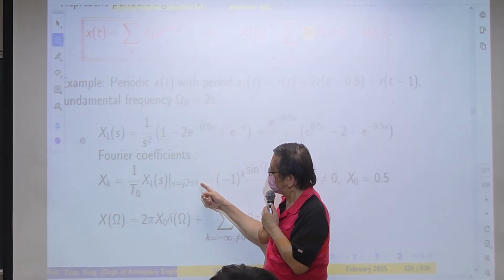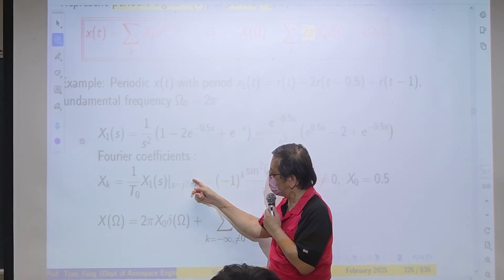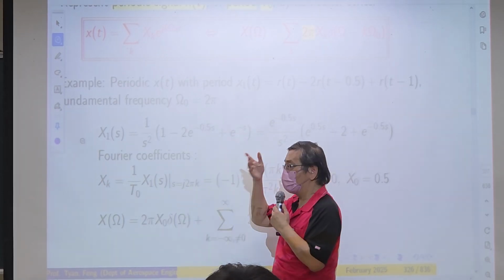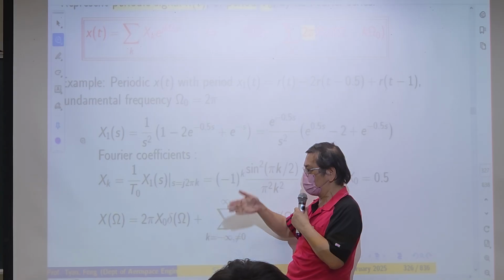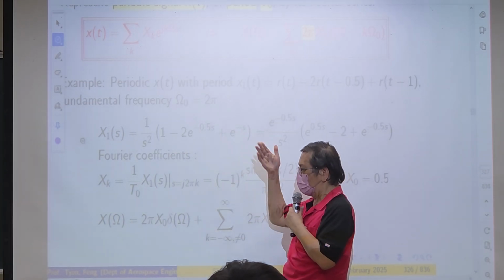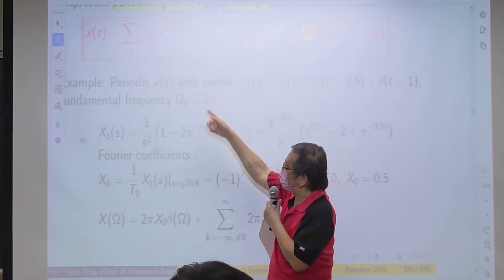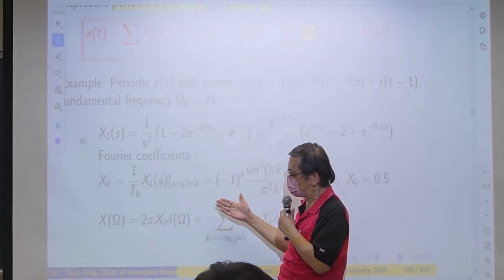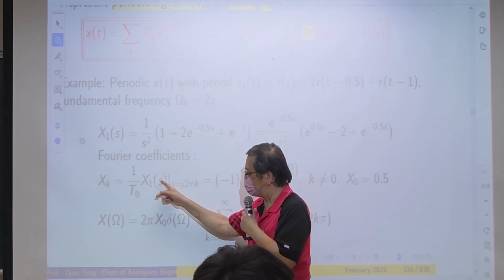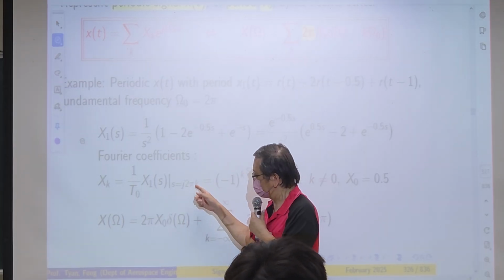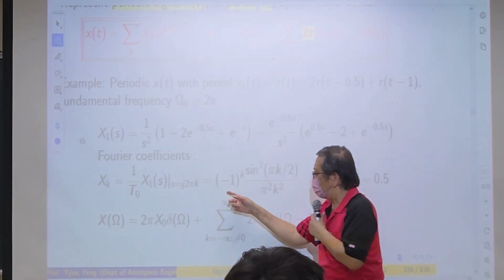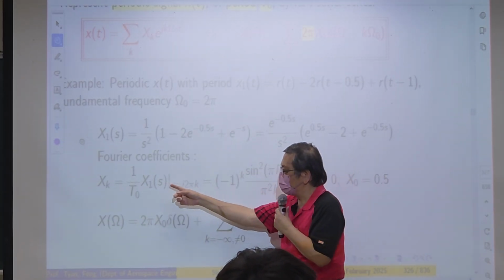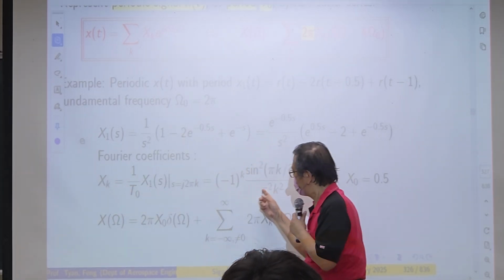Omega 0 is 2 pi, so k times 2 pi is the frequency at discrete frequencies: omega 0, 2 omega 0, 3 omega 0, 4 omega 0, and so on. So replace s by j times 2 pi times k, and that will give you the coefficient x of k first.